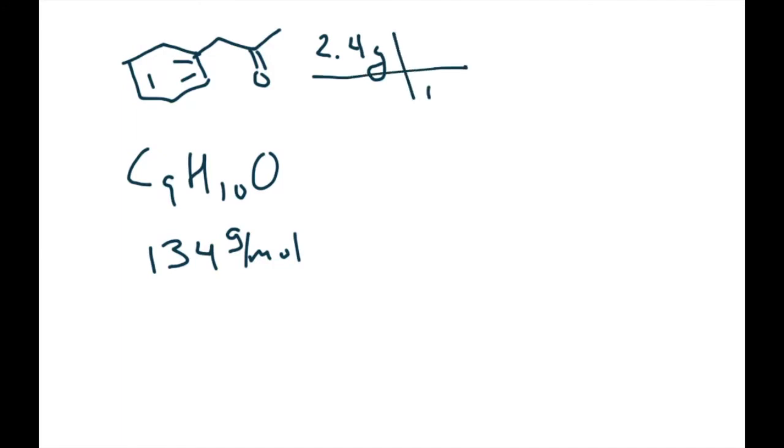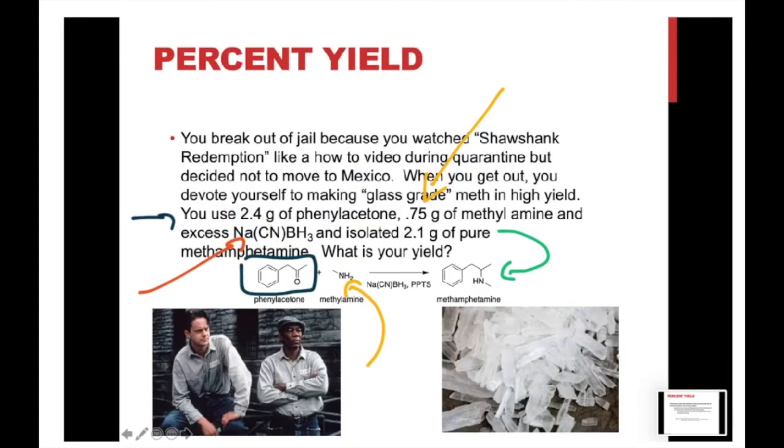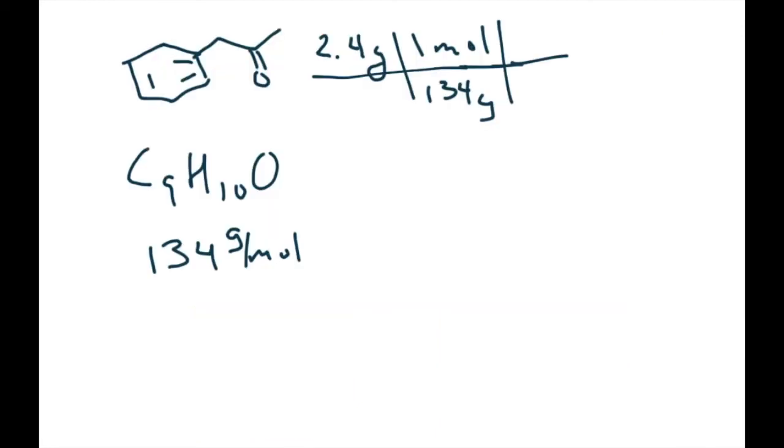And there's going to be 134 grams in every 1 mole of phenylacetone, right? If we look at our ratio, I have 1 phenylacetone to every methamphetamine that I make. So I have 1 mole of meth for every 1 mole of the starting material, right?